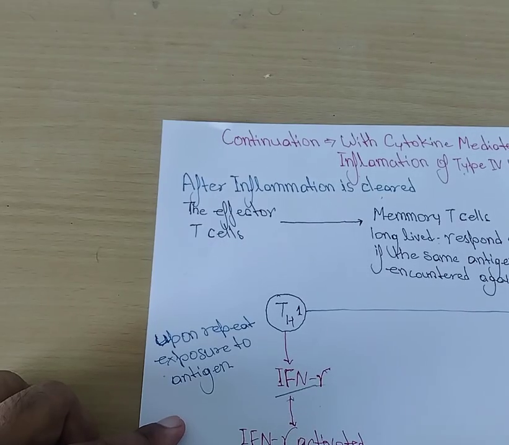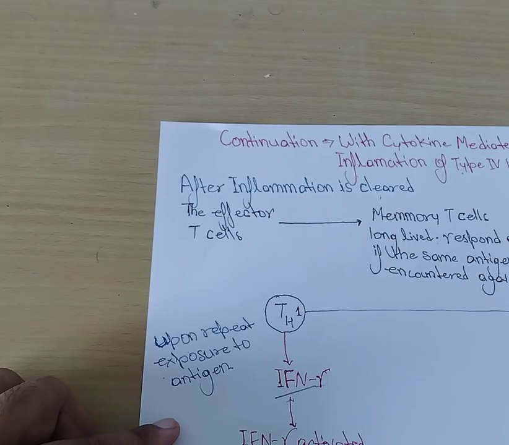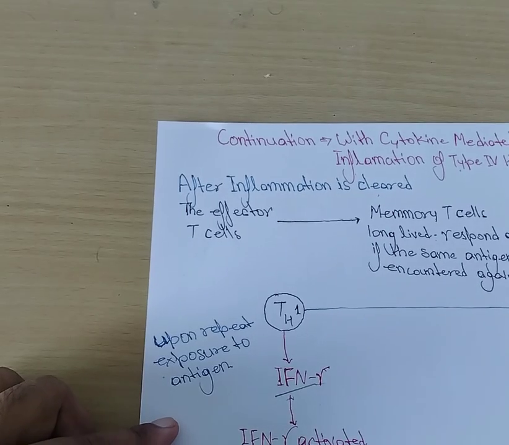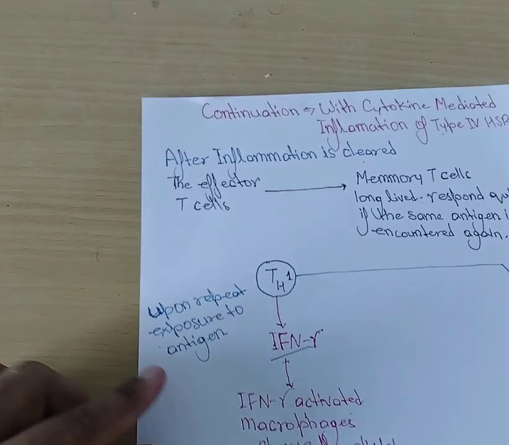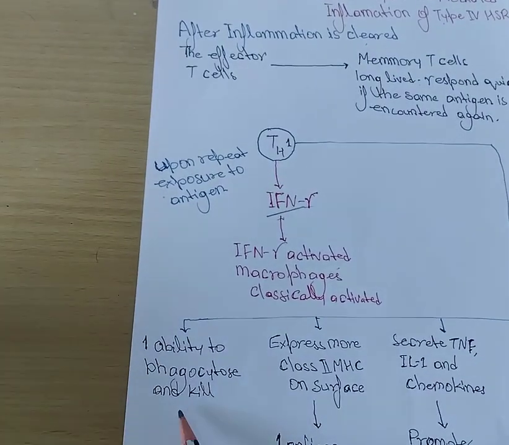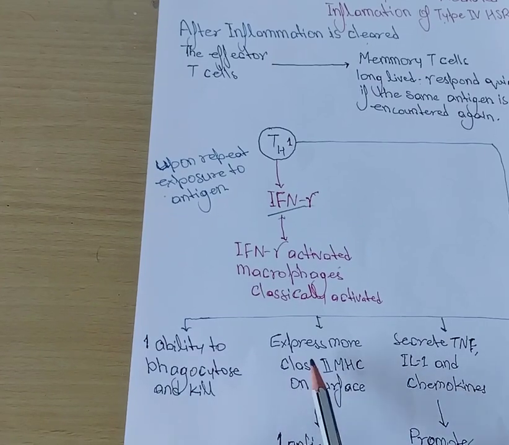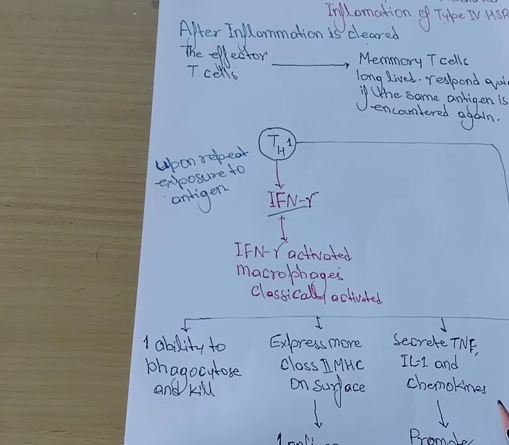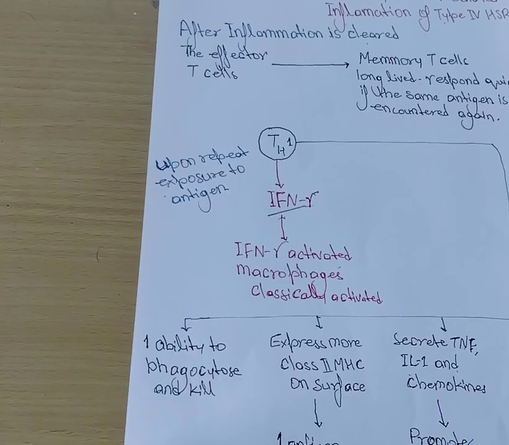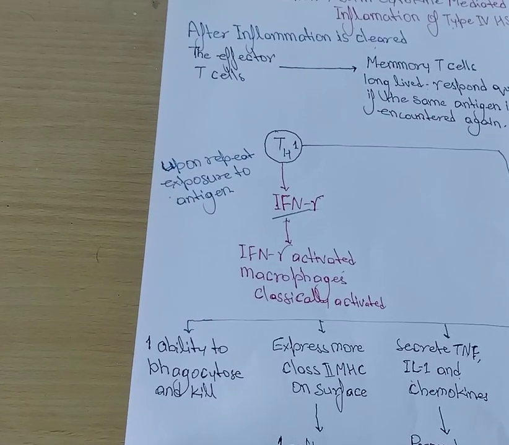Interferon activates macrophages, classically activated macrophages, which produce four responses: increased ability to phagocytose and kill, express more class 2 MHC on the surface to increase antigen presentation, and secrete TNF, interleukin 1 and chemokines, which promote inflammation, and this promotes more interleukin 12 secretion. Interleukin 12 secretion further amplifies Th1 cell proliferation.